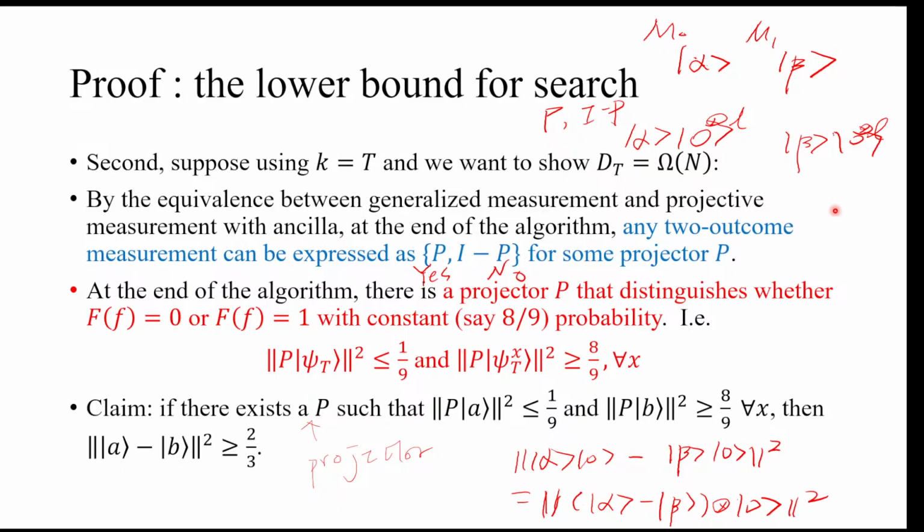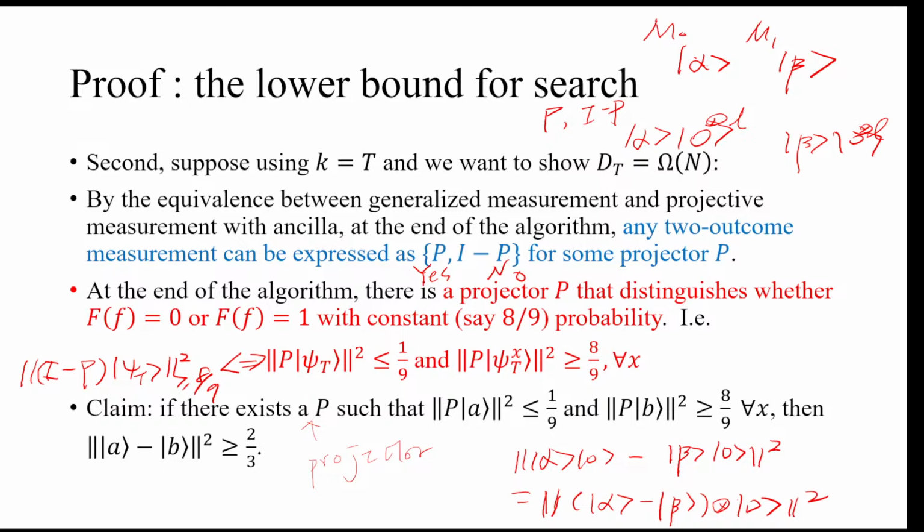And so we want to have two things. If we are in a no instance, then the probability of answering yes is small, or when it's a yes instance, then the probability of answering yes is big. A more symmetric way to write this is, when it's a no instance, the probability of answering no is greater than 8 over 9.